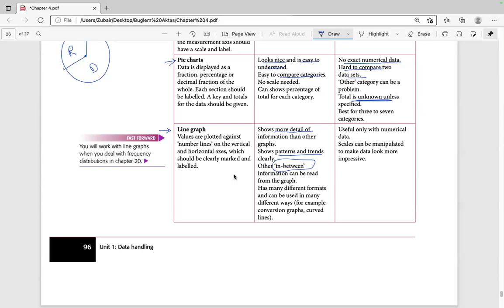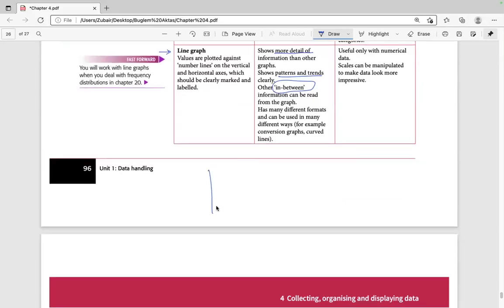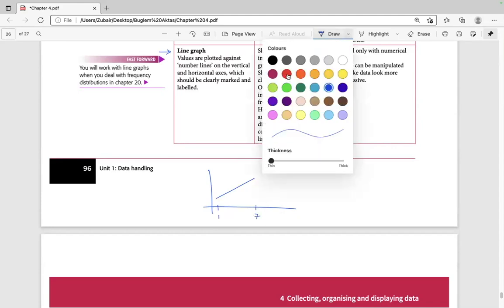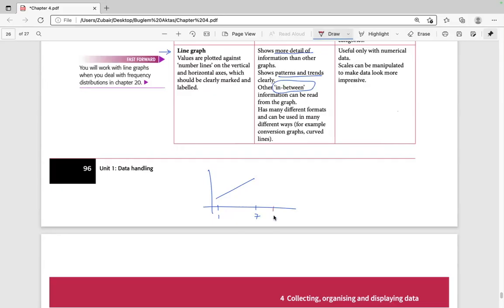And when you need to read outside the box, for example, the graph starts at 1 and ends at 7, and I ask you to find the value at 8, you can always extrapolate it and say this is the expected value.